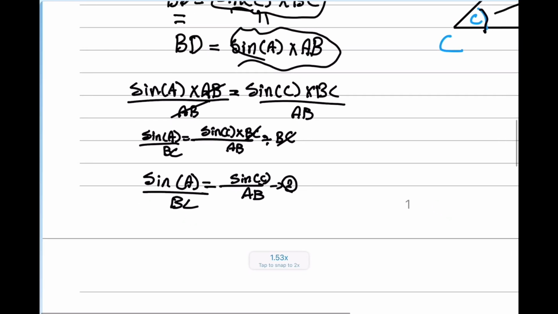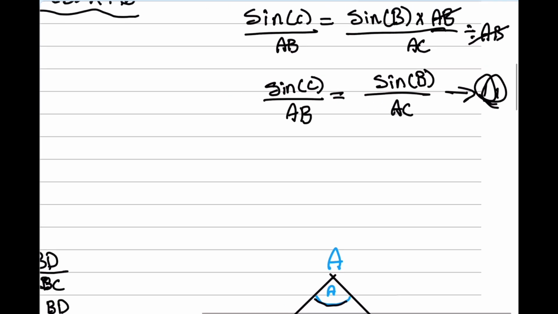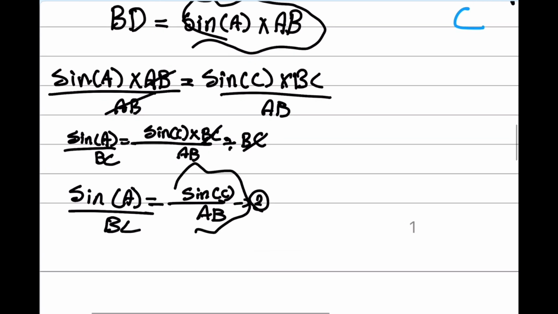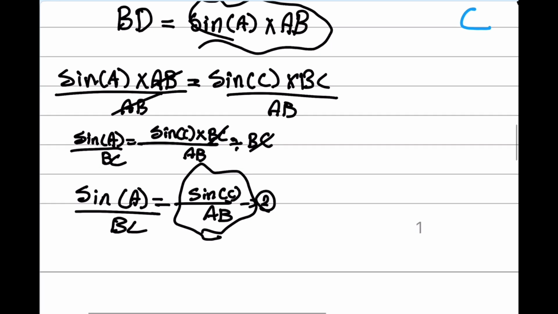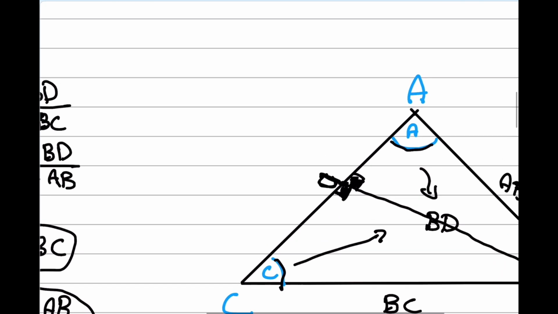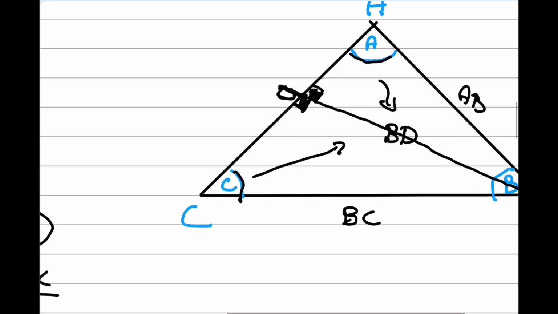Let's go back to our first formula, which is sine C divided by AB. If you look, we have both formulas again. Since sine C divided by AB is equal to sine A divided by BC, and also equal to sine B divided by AC, they are all equal.